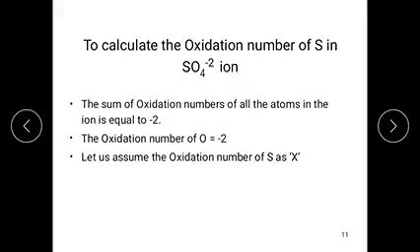That is, sulfur plus 4 into oxygen, it is an ion, so it is equal to minus 2. Let us assume sulfur is X plus 4 into the oxidation state minus 2, equal to minus 2.